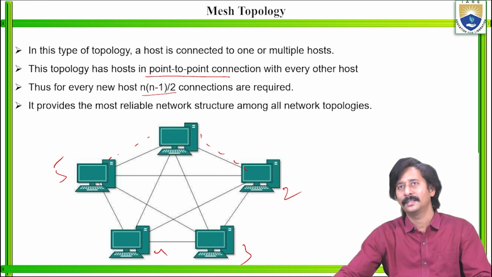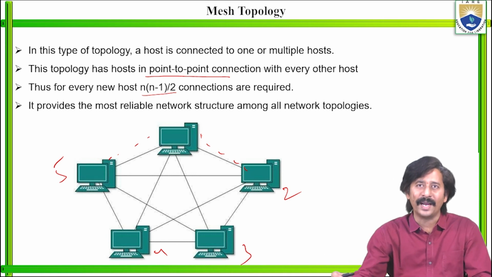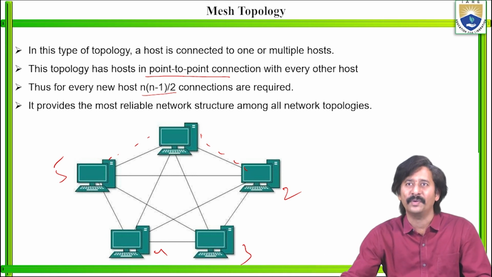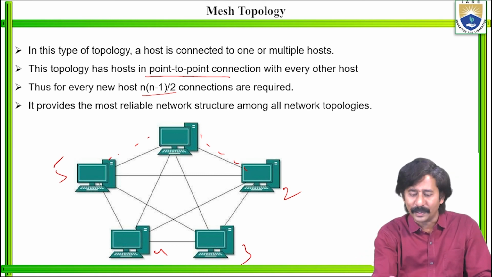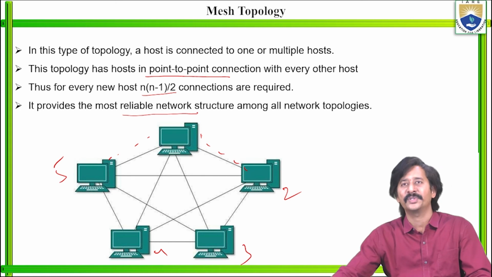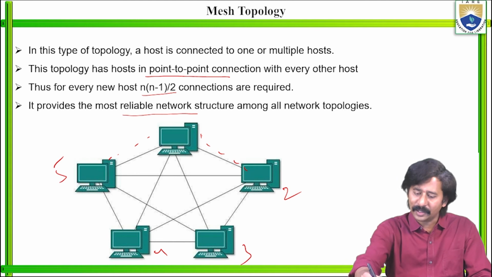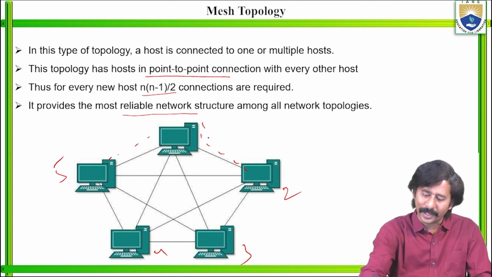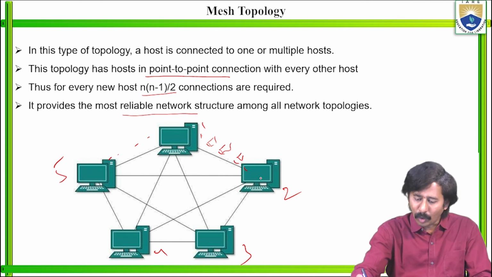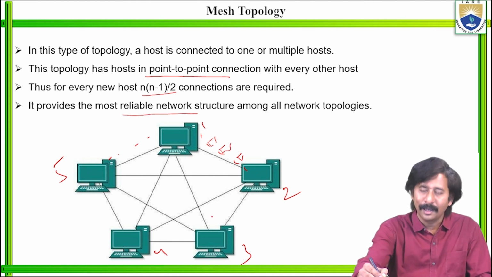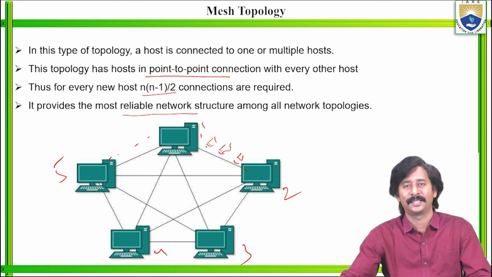So when compared to the remaining topologies, this mesh topology provides the most reliable network structure among all other network topologies. What does that mean? Reliable network structure. There is reliability, which means that whenever node 1 transmits some information in the form of packets to node 2, node 2 is ready to send an acknowledgement for those packets.